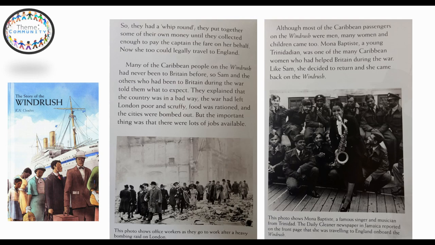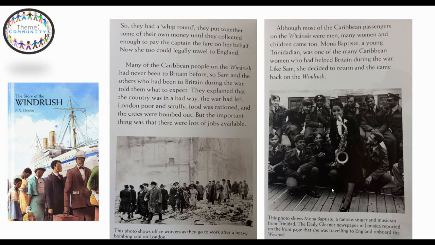Many of the Caribbean people on the Windrush had never been to Britain before. So Sam and the others who had been to Britain during the war told them what to expect. They explained that the country was in a bad way. The war had left London poor and scruffy. Food was rationed and the cities were bombed out. But the important thing was that there were lots of jobs available.